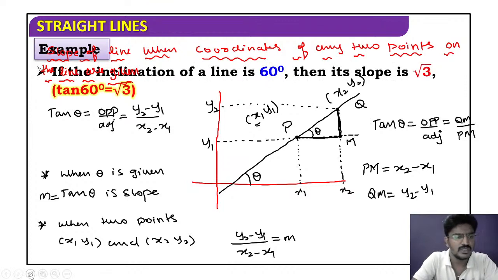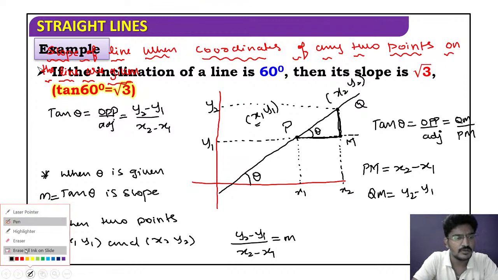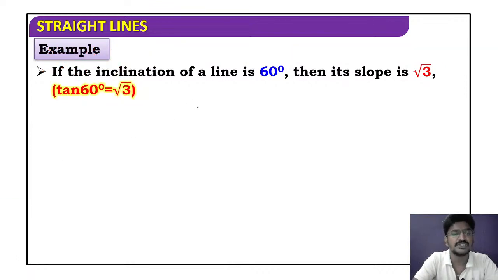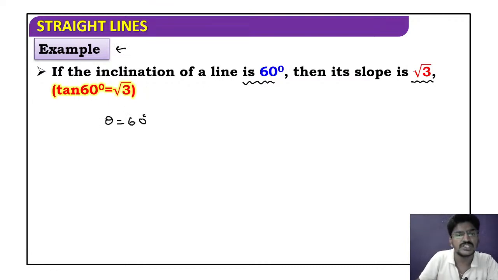I will continue with the example, that is, if the inclination of the line is 60 degree, then its slope is root 3. See this example. The inclination of the line means here theta equal to 60 degree.